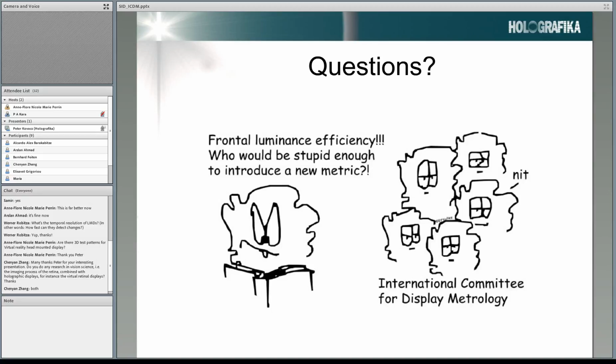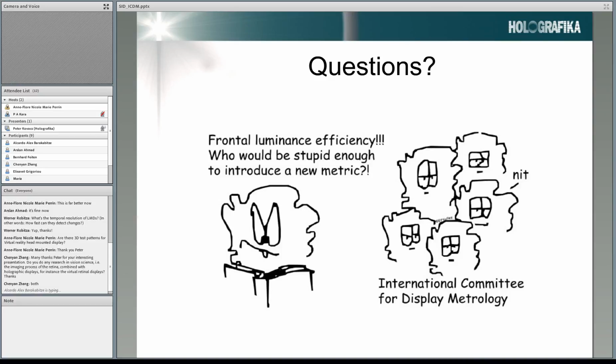Well, for the Holographica side, we don't have such an activity. We are rather using instruments like cameras and colorimeters to measure the properties of the display.